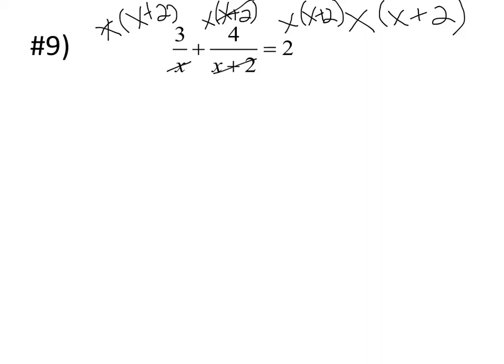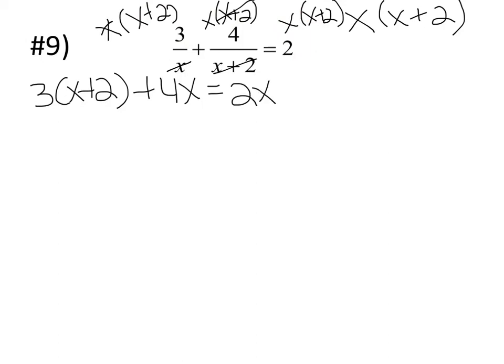And that leaves me with 3 times x plus 2 plus 4 times x is equal to 2 times x plus 2, which is 2x times x plus 2.